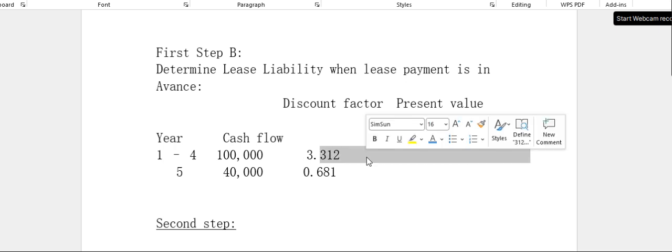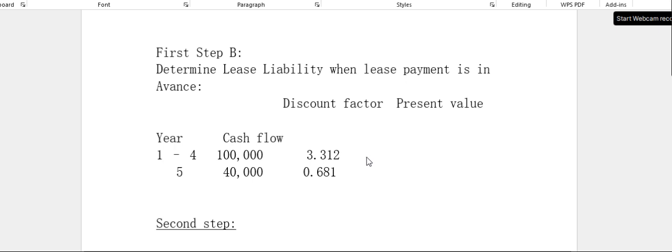So what will be our present value for 100,000? The present value now is what? 331,200. Thank you. What will be our figure for year 5? 27,240.